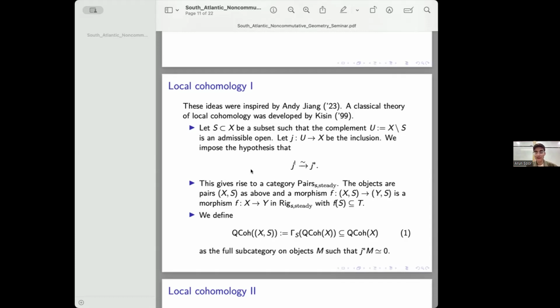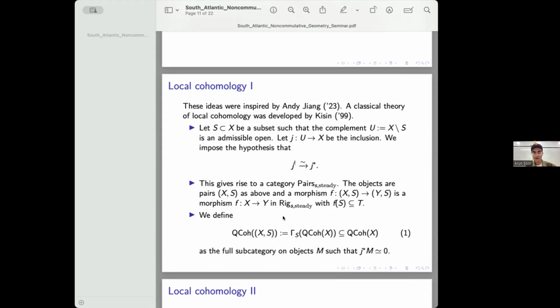So now we can consider the category of pairs, where the objects are a rigid variety and one of these special subsets. The morphisms from two pairs is a morphism f from X to Y such that f of S is contained in T, right?